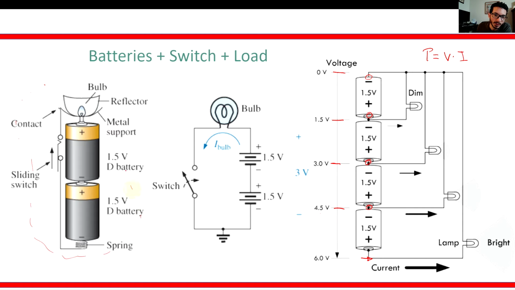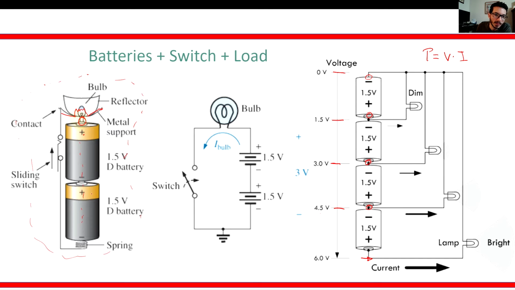You have an enclosure that you can 3D print or make out of plastic. You're gonna have a switch to turn the flashlight on and off. Closing the circuit with the switch, you're gonna have the batteries in series. The load is the light bulb.